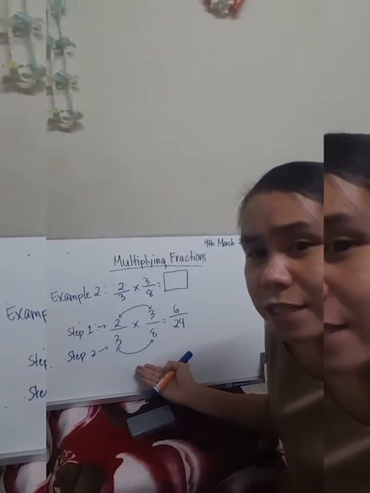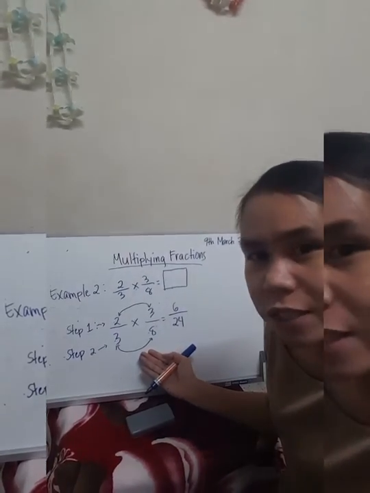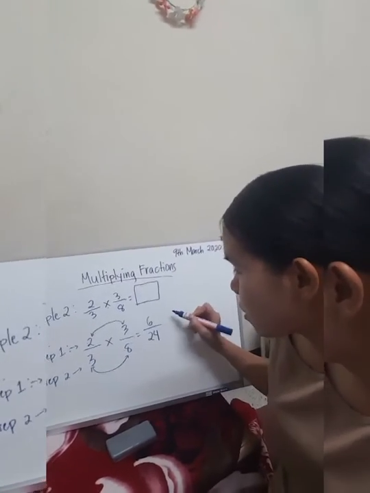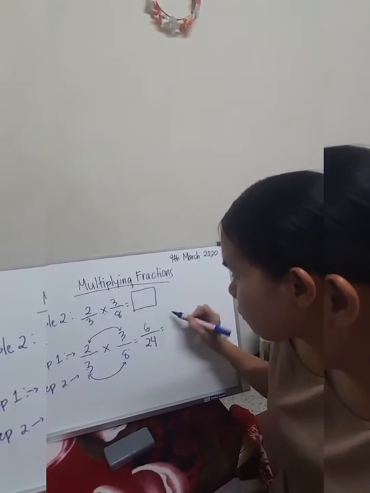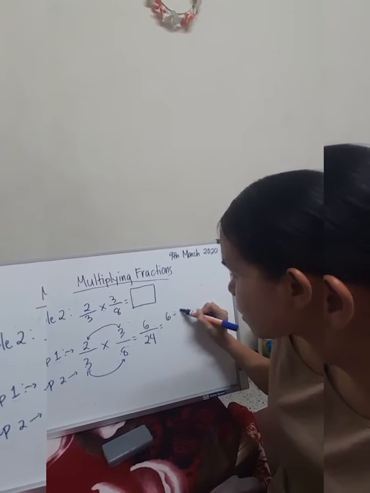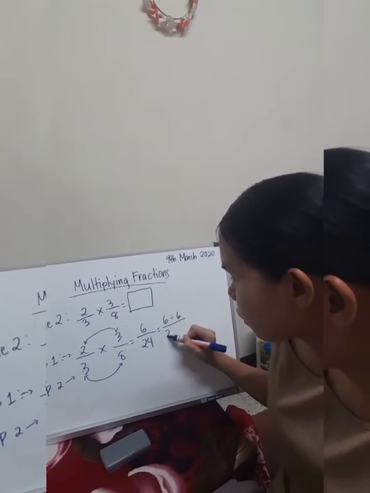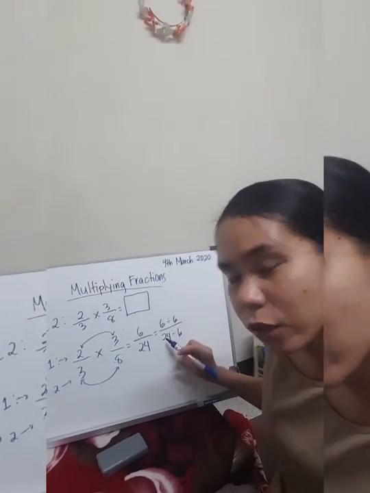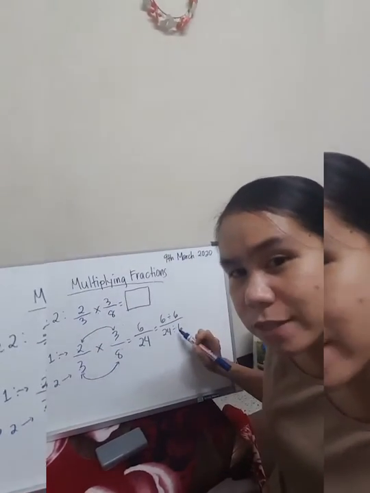In this case, your answer is not yet in the simplest form. Why? Because here you can divide 6 by 6, right? And also here, 24 divided by 6. Am I right? You can divide 24 by 6?